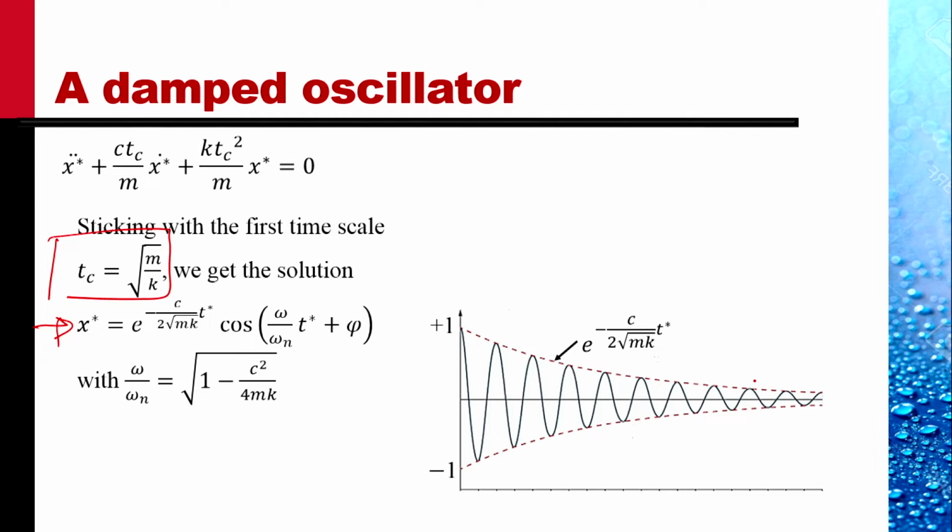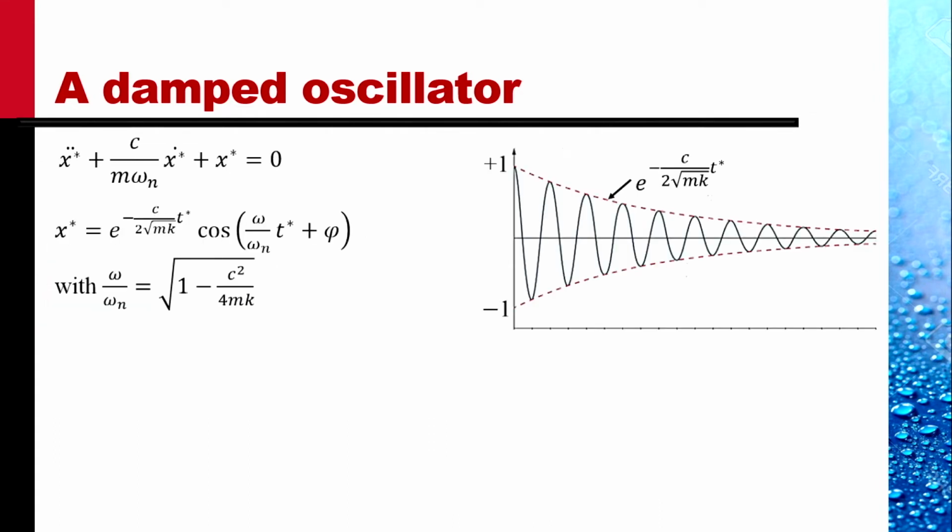This curve that marks the envelope of the amplitude has the time scale of c by under root mk. So this time scale is for the damping of the amplitude. And this time scale, under root m by k, is the time scale for the vibrations per se, these vibrations.